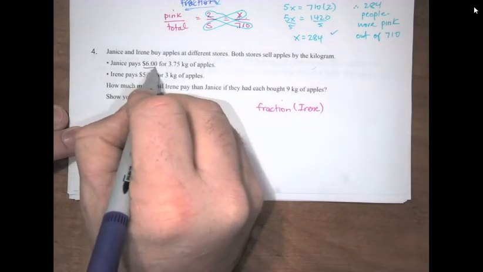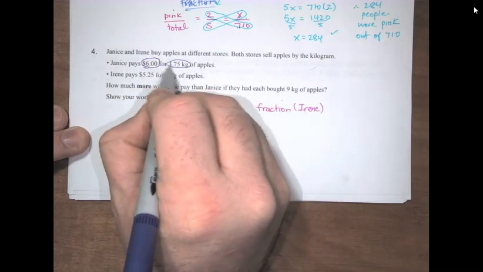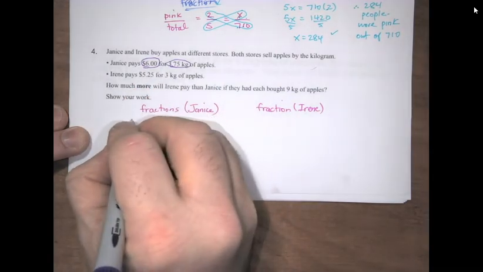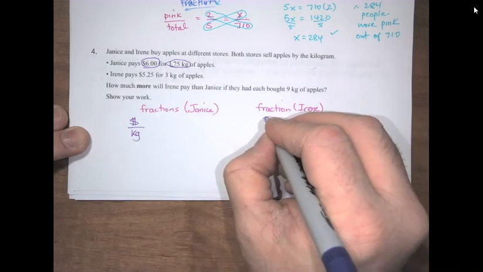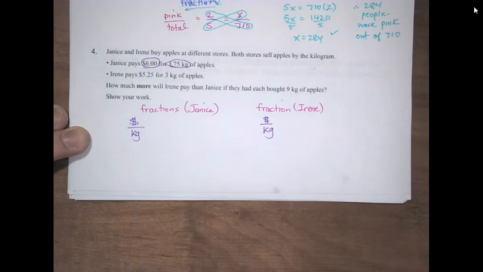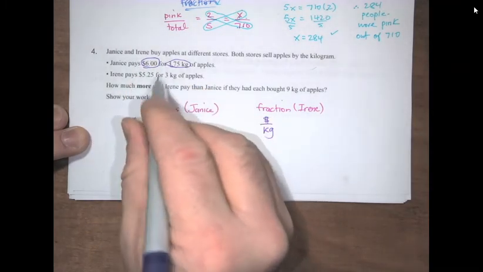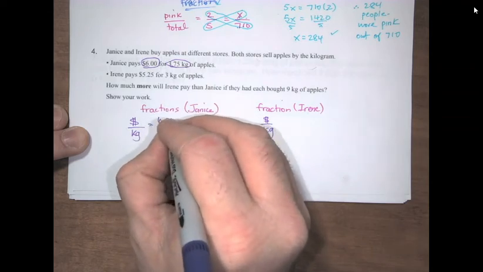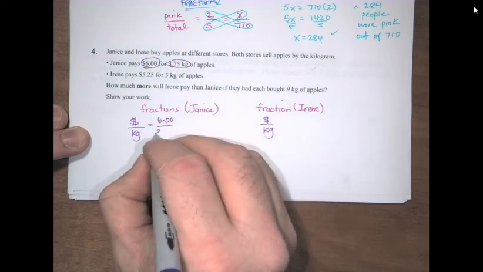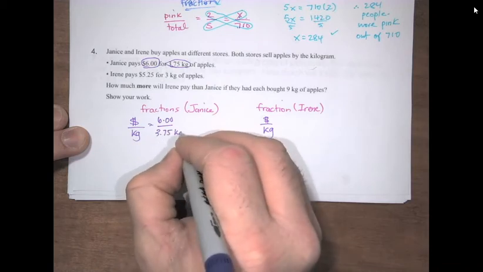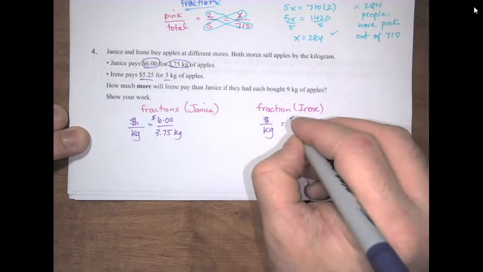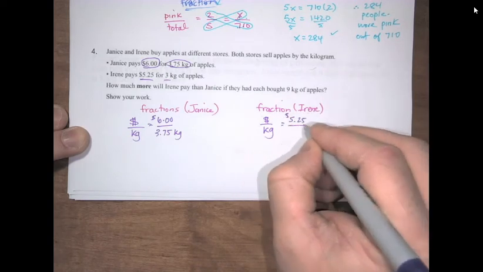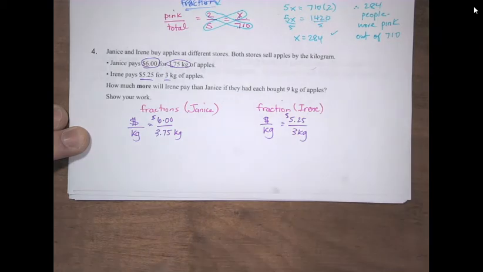I'm comparing money to kilograms. So both of these scenarios I'm going to set up with money and kilograms. All right. And what we know is that Janice paid $6 for 3.75 kilograms. And Irene paid $5.25 for 3 kilograms.